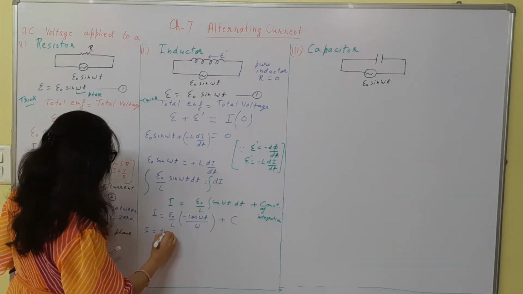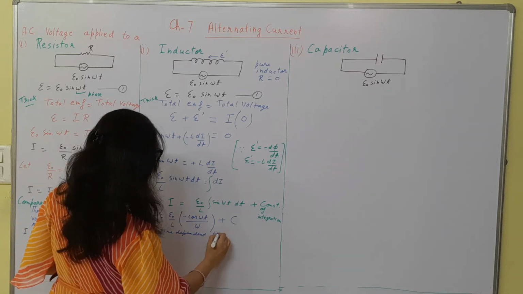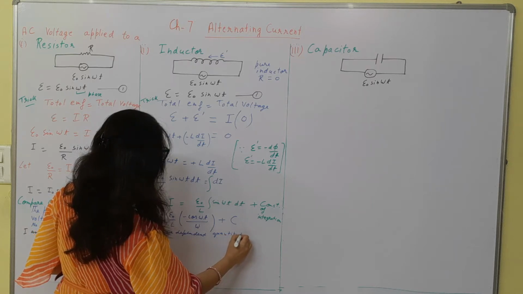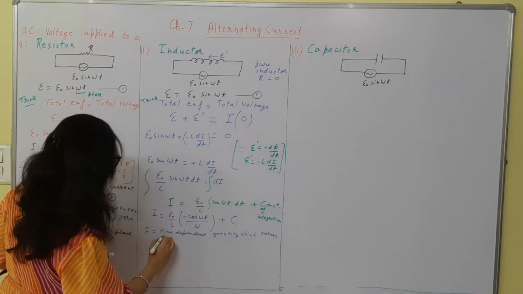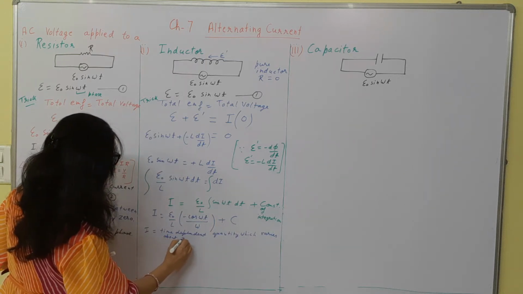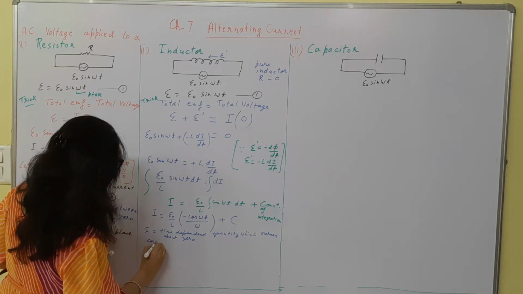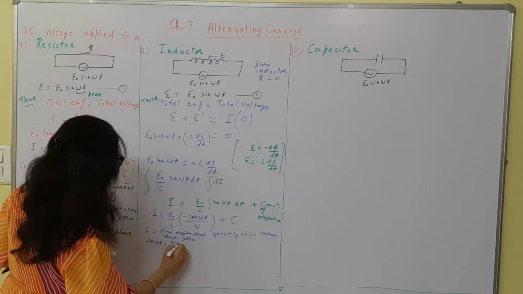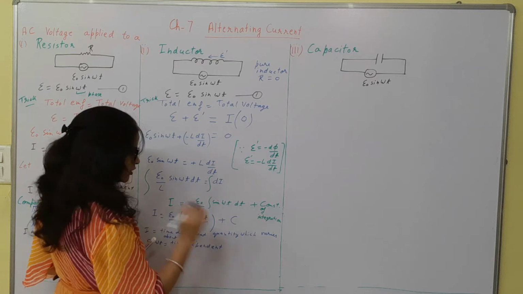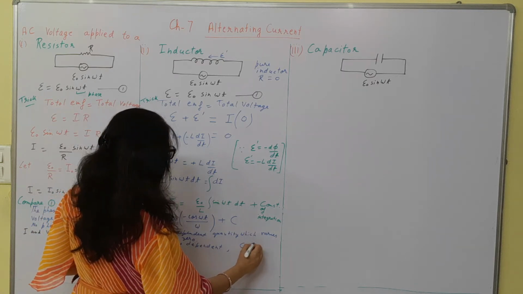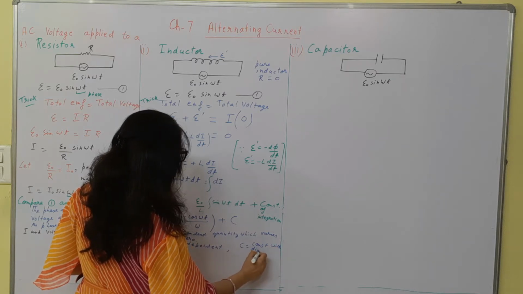I is a time dependent quantity which varies about 0. In the same way, cos omega t is also a time dependent quantity which varies about 0, and c is a constant with dimensions of current.